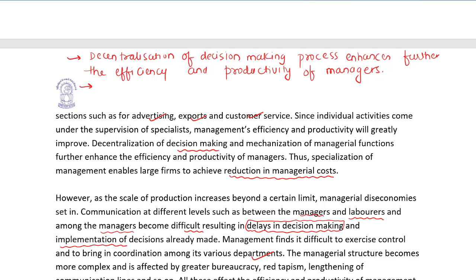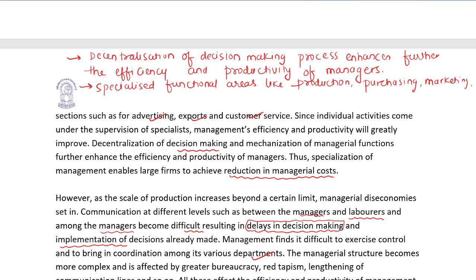Specialized functional areas like production, purchasing, marketing, finance, etc., can be created.